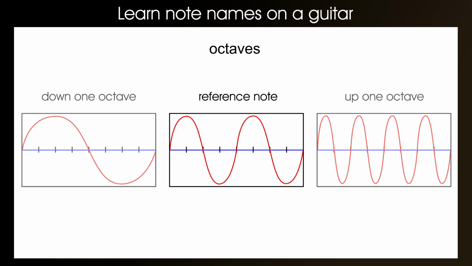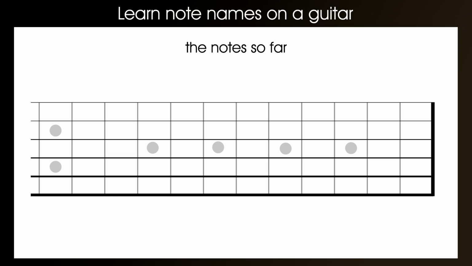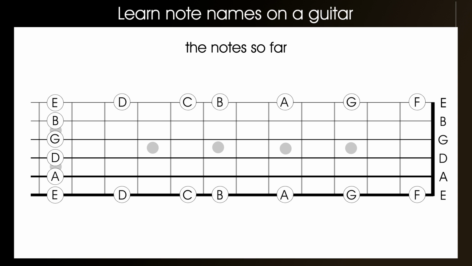So if you were to take a fixed note or frequency as a reference note, an octave up from this would be double the frequency, and an octave down from this would be half the frequency. And every time you doubled or halved the frequency from the new points, it would be up or down another octave respectively.